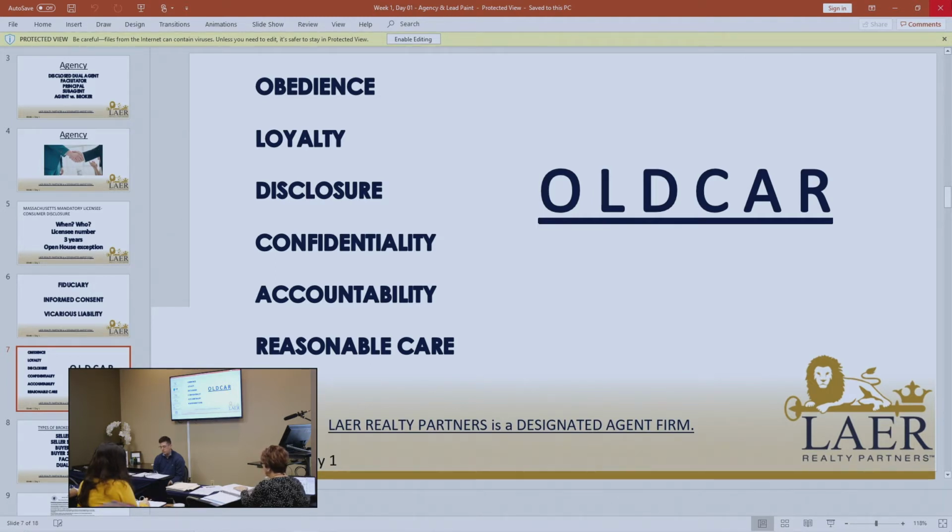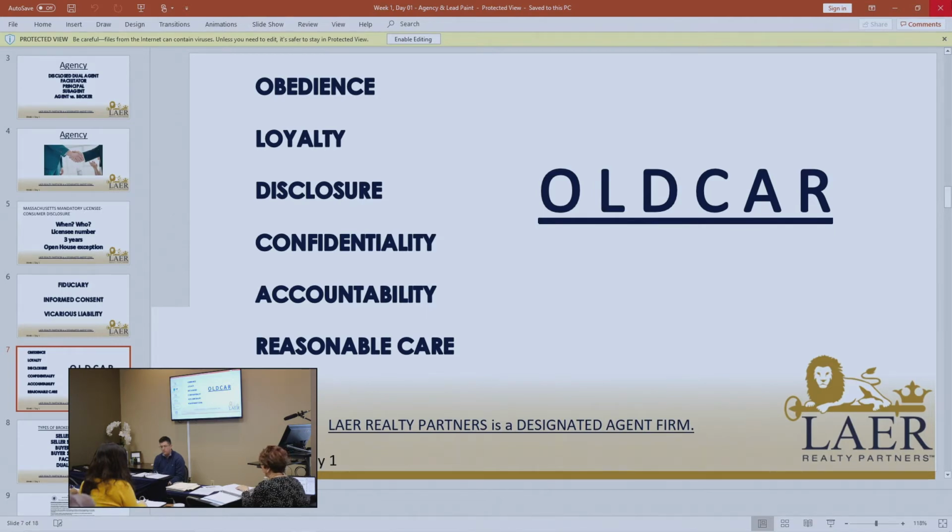Loyalty: an agent must act in the best interest of a client. Disclosure: the agent must disclose all information relevant to the client. Confidentiality, which is very important, is the duty to keep confidential the client's information or discussion. Duty survives termination of client relationship.